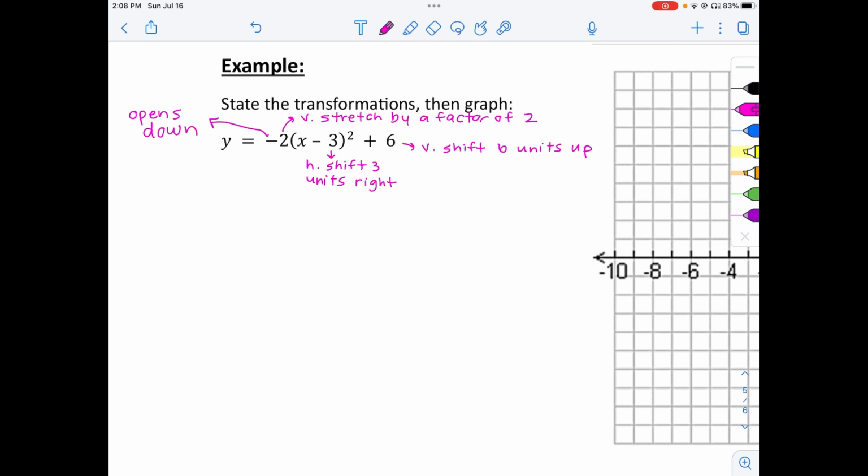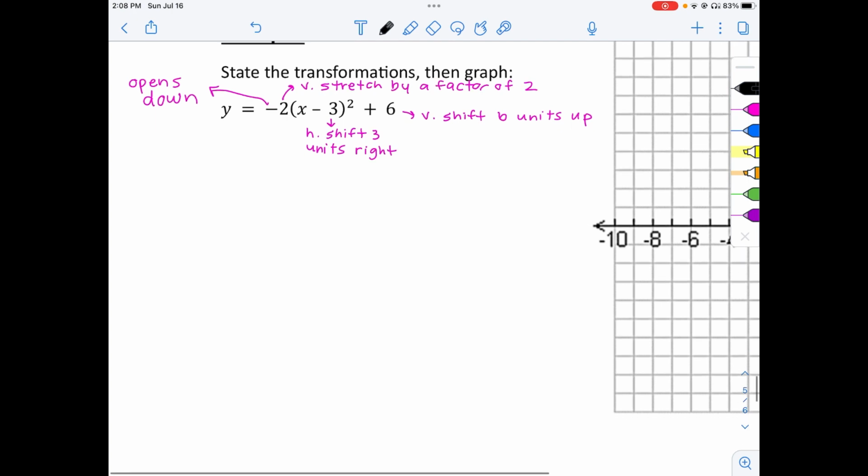Okay, so then we want to graph this. So again, I'm going to start with my parent function, x, y, and this is y equals x squared. So I'm going to use the same coordinates that I showed in the previous example.